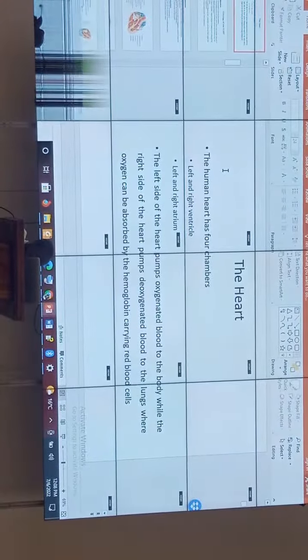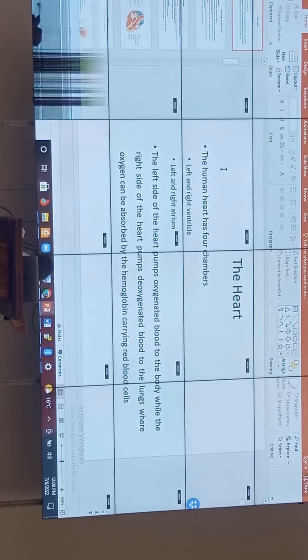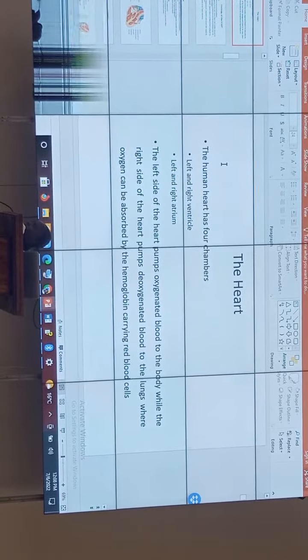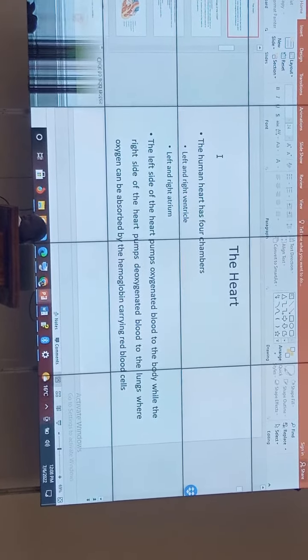In areas where there are no grooves, the epicardium is adherent to the myocardium. I hope you've gotten that.